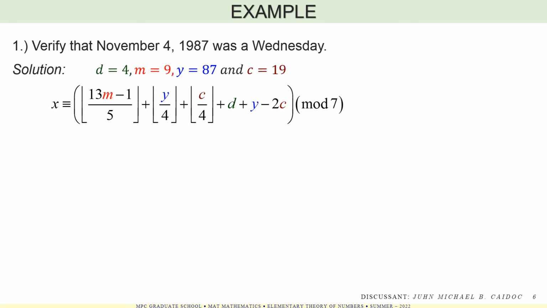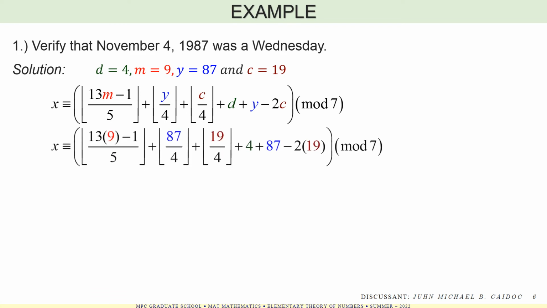By substituting the given values into our formula, we get x is congruent to the floor value of (13 times 9 minus 1) over 5, plus the floor value of 87 over 4, plus the floor value of 19 over 4, plus 4, plus 87, minus 2 times 19, modulo 7.